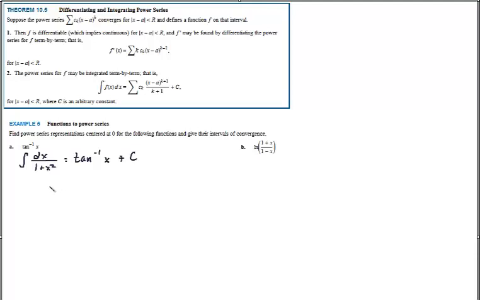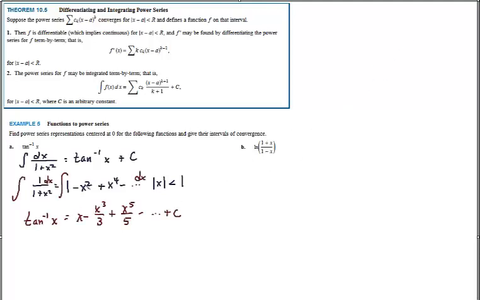If you'll recall from a previous example that we did, I think example 3, we know that 1 over 1 plus x squared is equal to 1 minus x squared plus x to the 4th minus blah blah blah, as long as the absolute value of x is less than 1. So if we integrate both sides of this, we'll see what we get. And that made this one really easy.